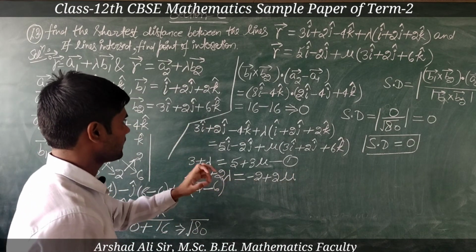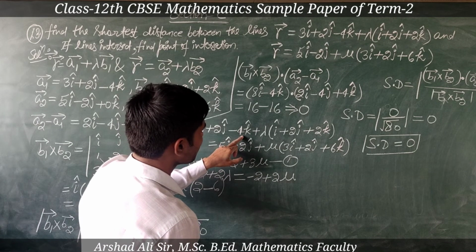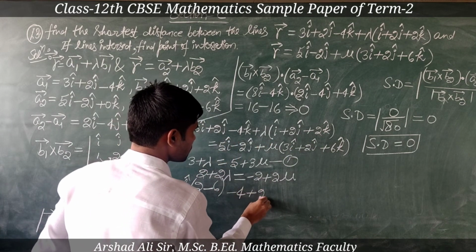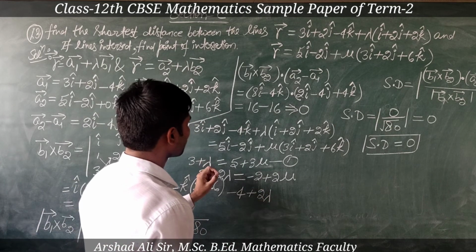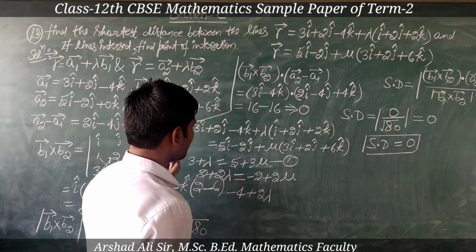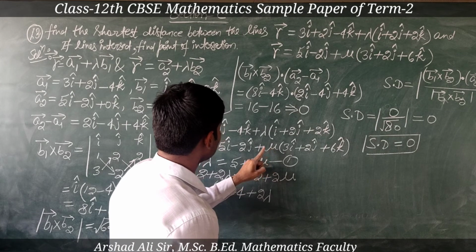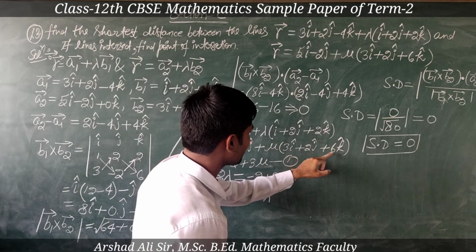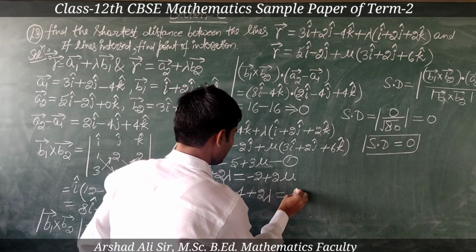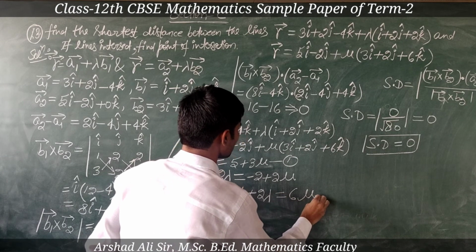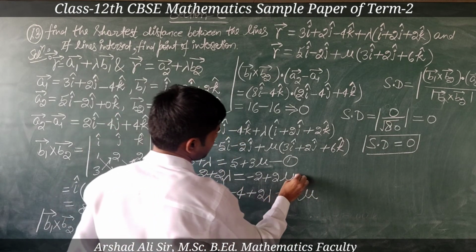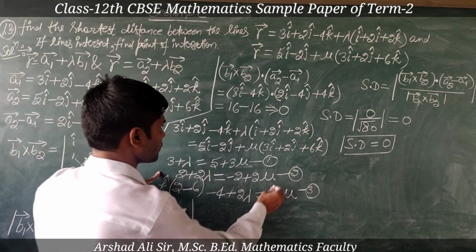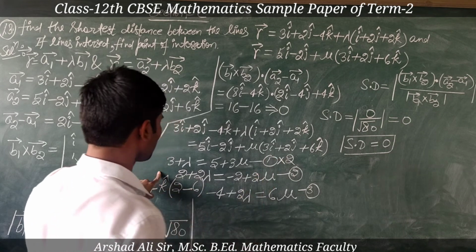Here minus 4 plus 2 lambda is the coefficient of k cap on the left side, and on the right side there is no coefficient in the first part, and mu multiplies 6, so 6 mu is the coefficient of k cap. Now suppose equation number 2 and equation number 3, if we multiply equation number 1 by 2.